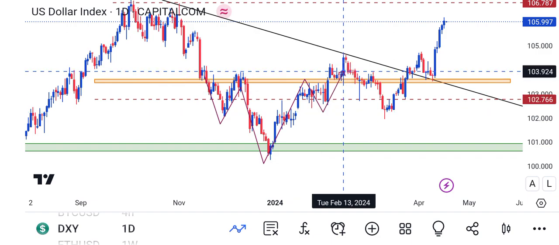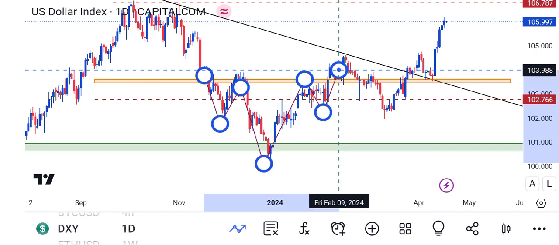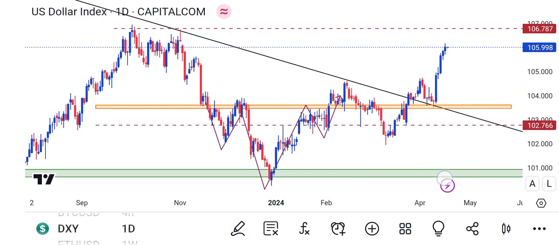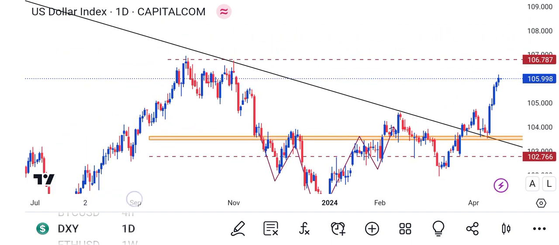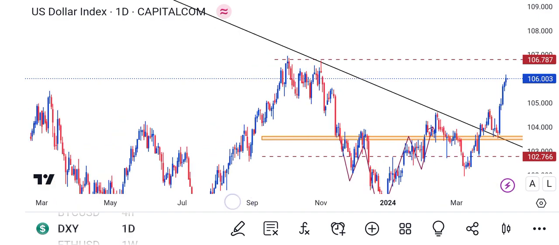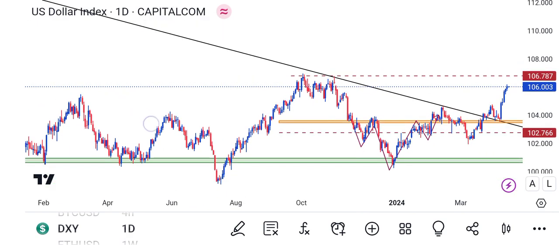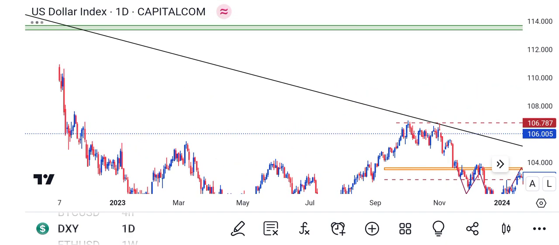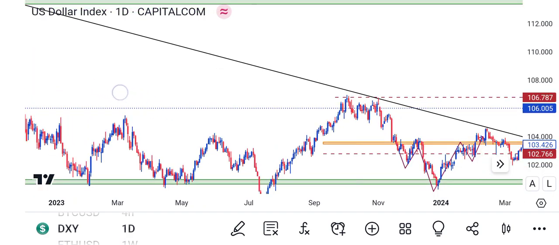So when price broke out from here, I was expecting it to have a smooth ride, but because of this counter trend line, price couldn't just go to the upside because of this protected trend line.